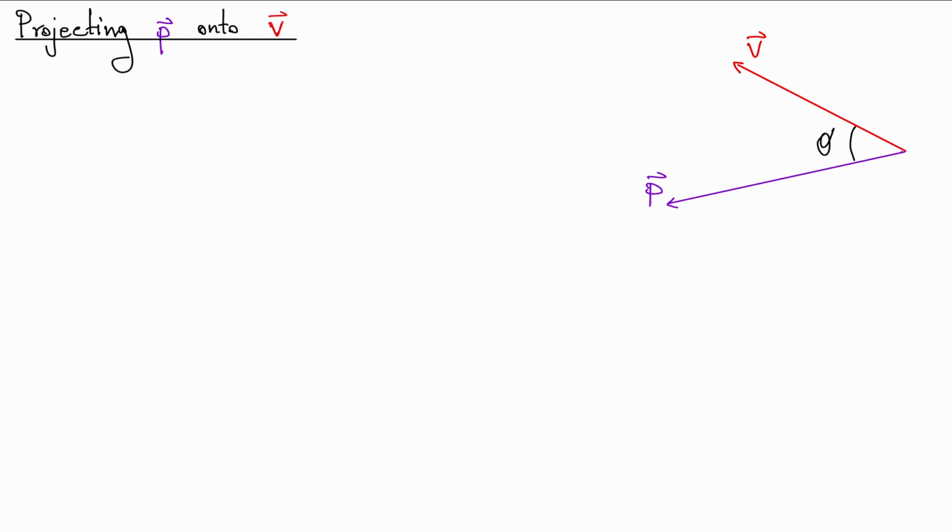And remember, two ingredients are important for us to be able to perform this projection. We need to have an angle between the two vectors, and we need to form a right angle triangle in a specific way. The vector which we are projecting needs to be the hypotenuse of a right angle triangle, and that right angle triangle needs to enclose the angle which we have.